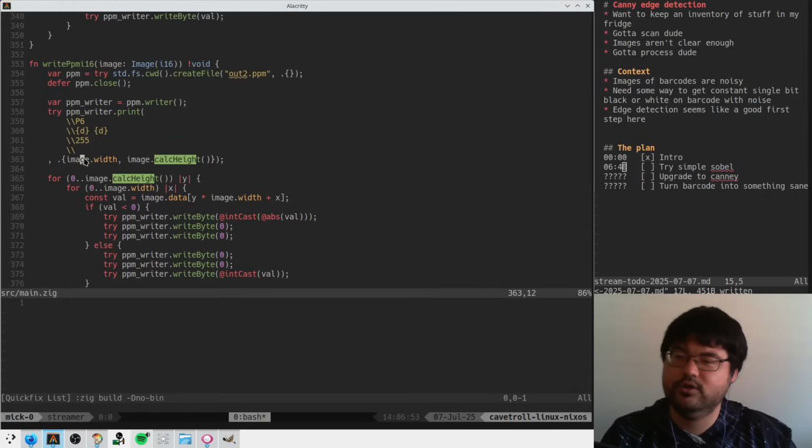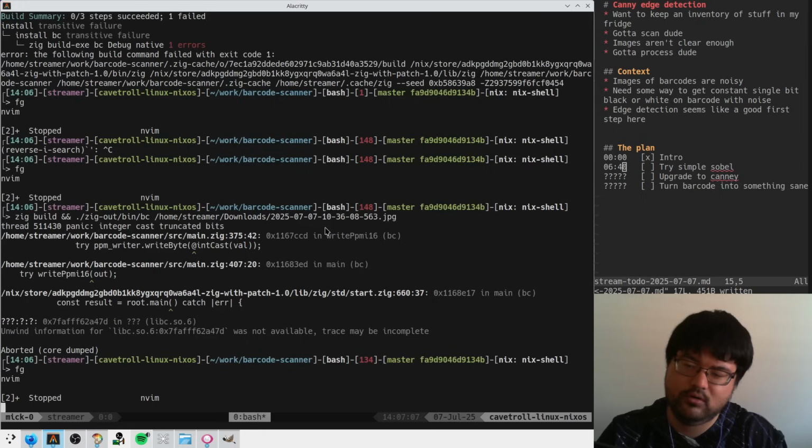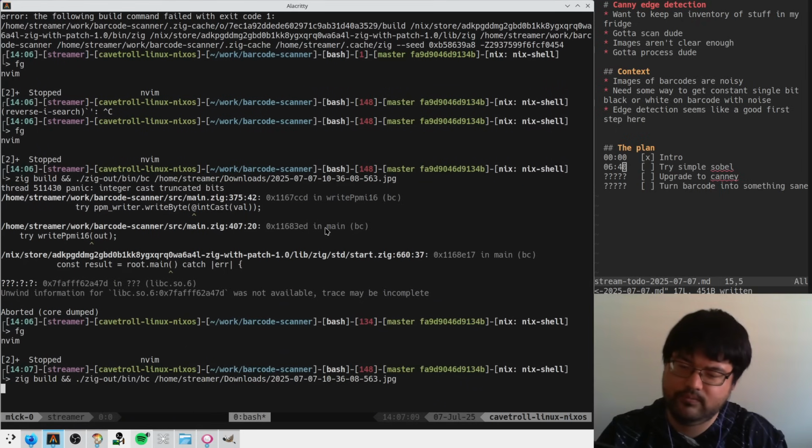Yeah. So can we shift this right by 3 to divide by 8 again? Then I think it should work. I think.